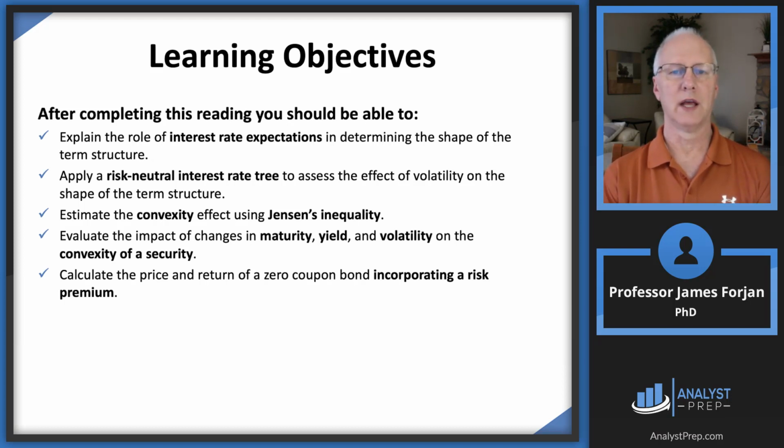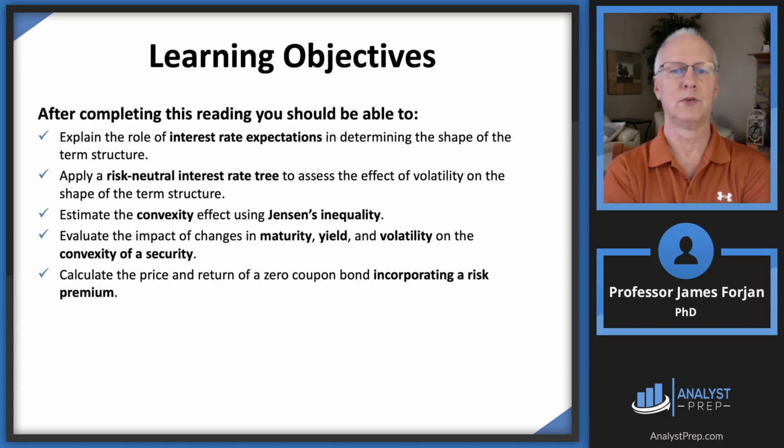Unlike the previous two chapters where we had multiple action words that wanted us to calculate, we only have one of those here. What we're going to do is explain the role of interest rate expectations. Boy, that sounds an awful lot like yield curve shape. We'll talk about a risk-neutral interest rate tree. We did lots and lots of really fun things with interest rate trees in the last couple of chapters.